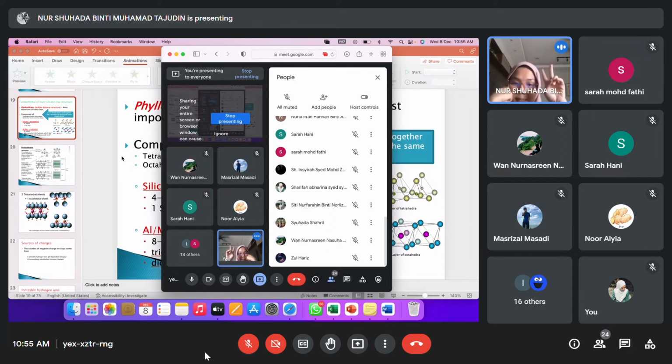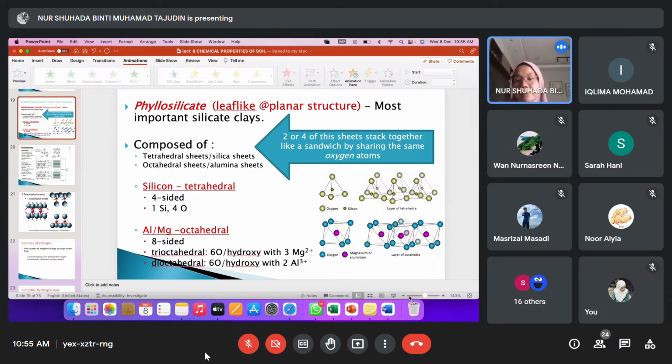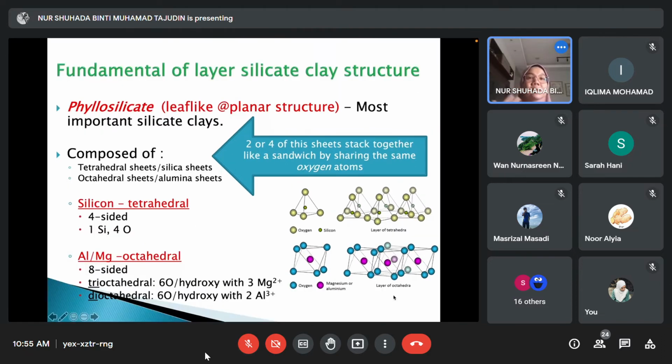There are 2 types, right? One is tetrahedral, one more is octahedral. Octahedral, okay. So you must remember this until you finish studying, because it is the structure of common soil.